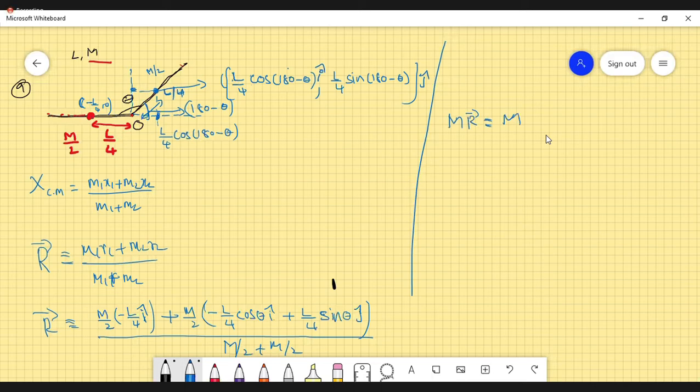So this also minus, this also minus, M by 2 L by 4 cos theta. M cancels, minus i.